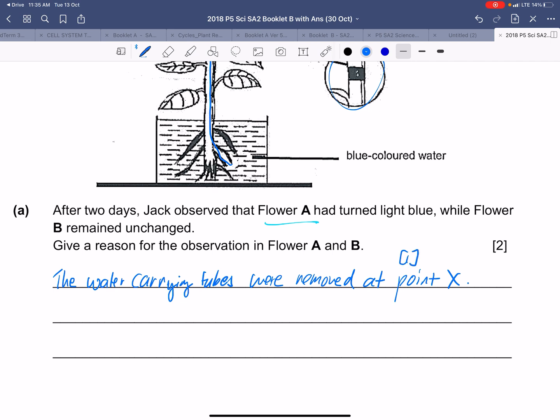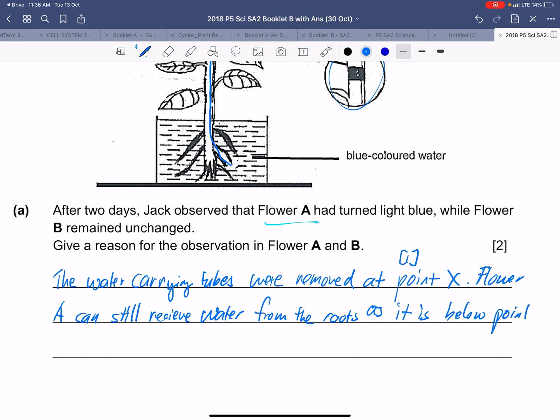Where's the other half mark? You have to justify for me why A can receive water. So you have to say that flower A can still receive water from the roots, as it is below point X. Because only at point X did you cut the water carrying tube.